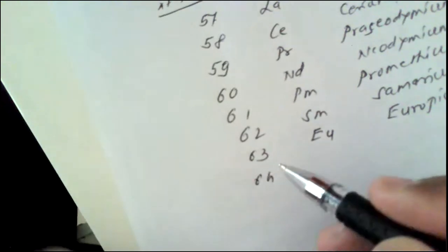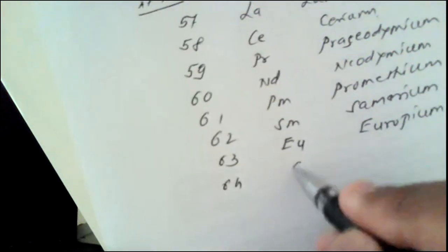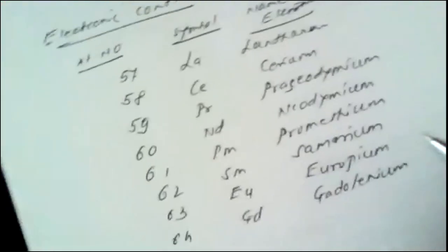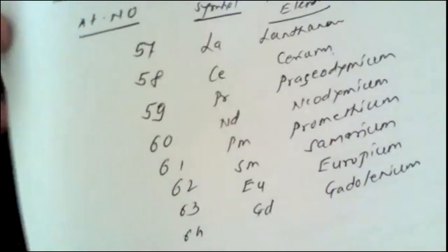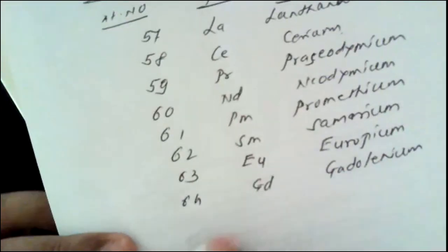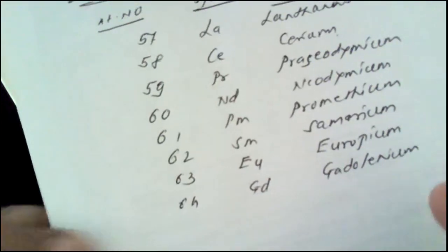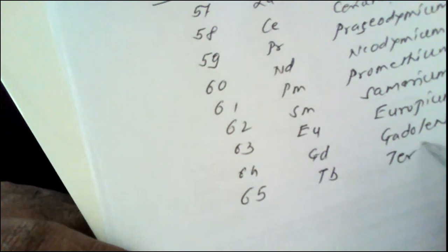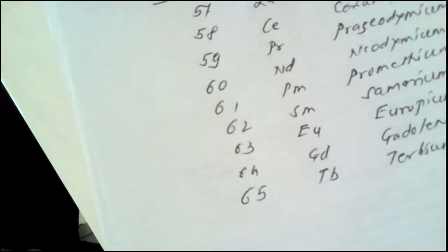Then 64 is Gd. Name is gadolinium. You should learn this series by heart. That will definitely enable you to better understand, because everything depends upon all these three parameters: atomic number, symbol, and the name of the element. 65 is Tb. Name is terbium.